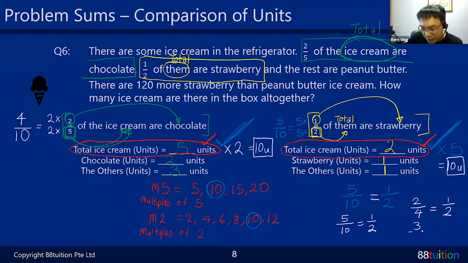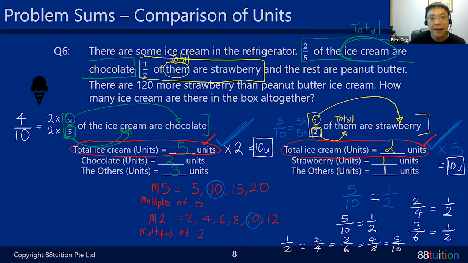Do you know that 3 over 6, reduced to the lowest term, is also half? Can you see or not? So I can confidently say that 1 over 2 is equal to 2 over 4, which is equal to 3 over 6, which is equal to 4 over 8, which is equal to 5 over 10. All these are equal. This is called equivalent fraction.